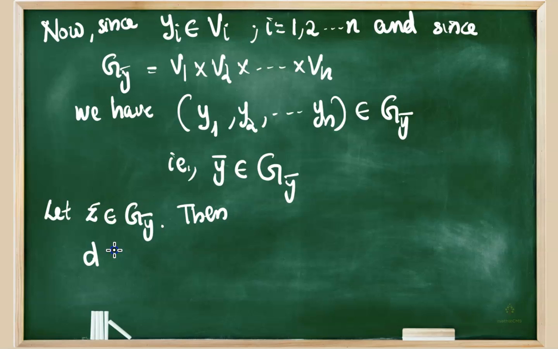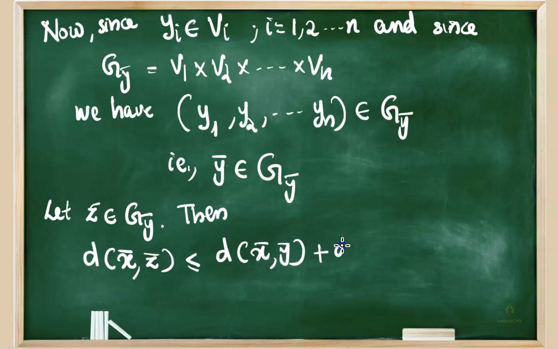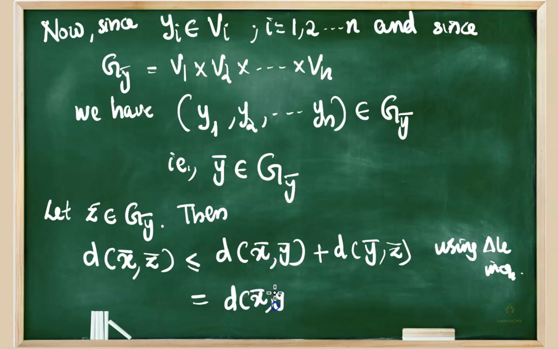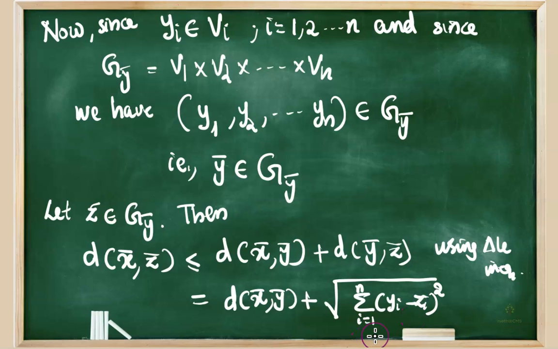Then we can see that d(x̄, z̄) is less than or equal to d(x̄, ȳ) plus d(ȳ, z̄) using the triangle inequality, and we know that d(ȳ, z̄) can be replaced with the square root of the summation, i varying from 1 to n, of (yi minus zi) whole square, using the formula for the Euclidean metric.